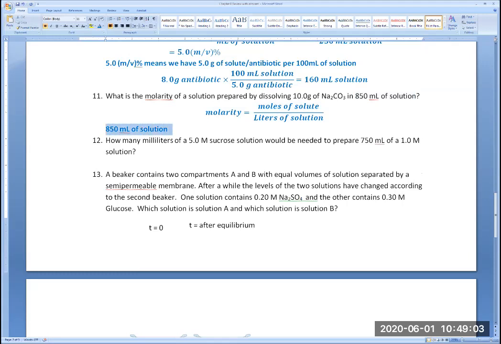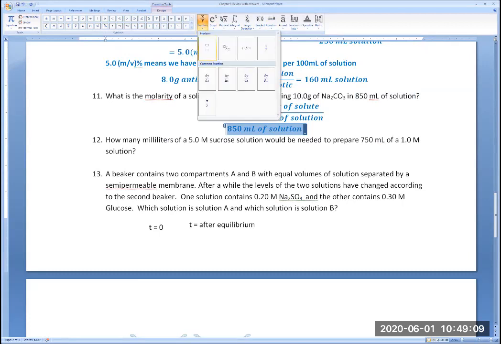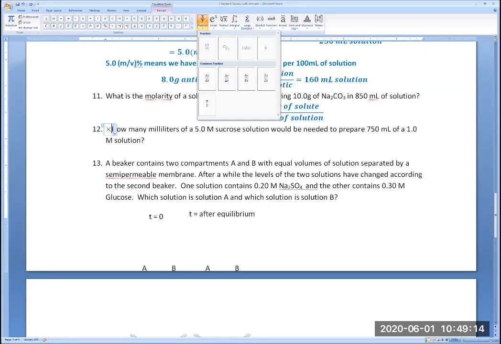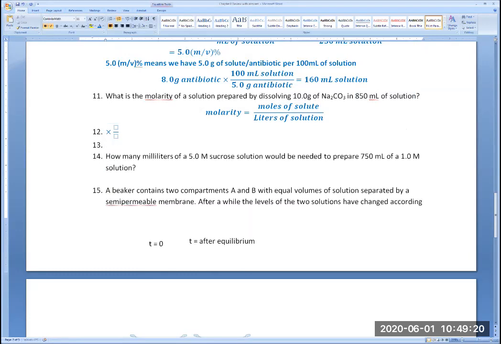And actually, let's make it so that we practice calculating using conversion. I lost my thing. What happens? So what was it? 850 milliliters.